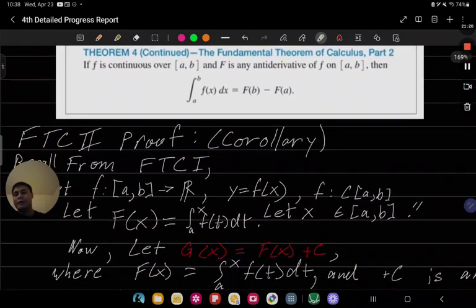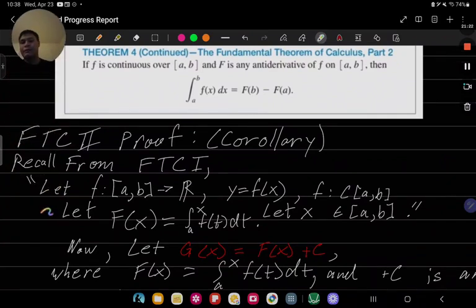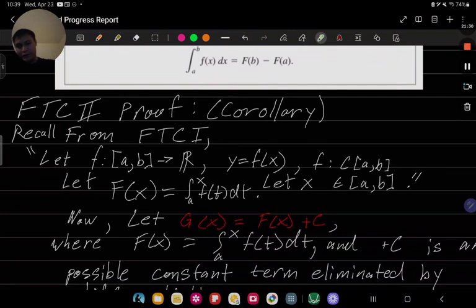Okay, so remember our givens from our proof for FTC1? That's the same givens. But now we're going to tack on an extra one. Now we're going to define this function g of x to be capital F of x plus some constant c.